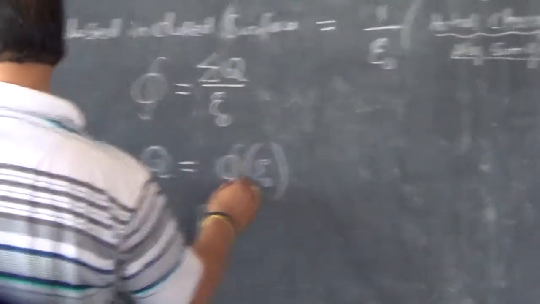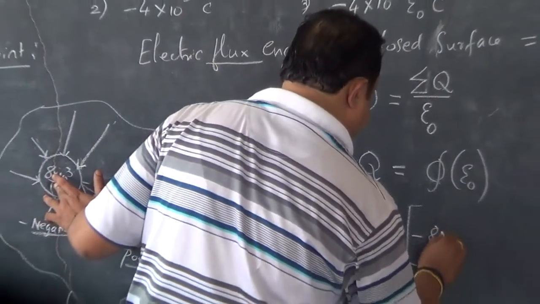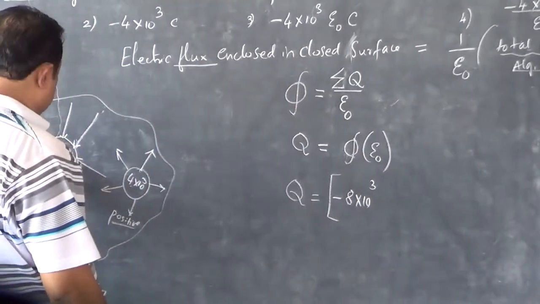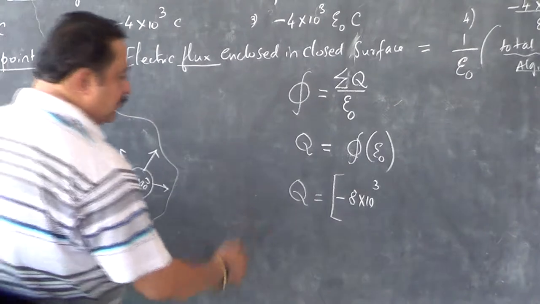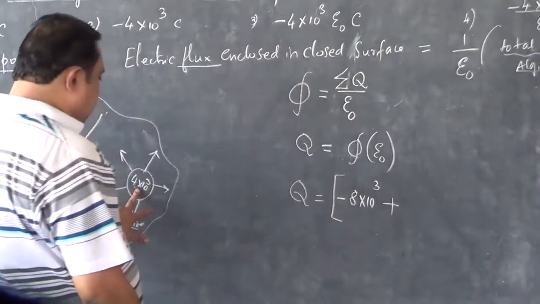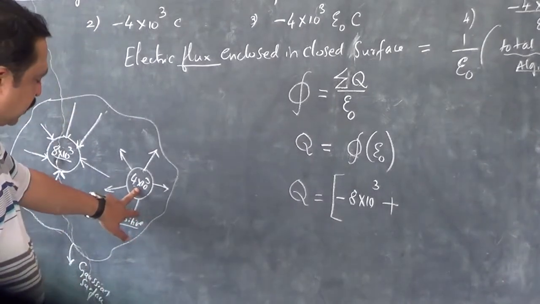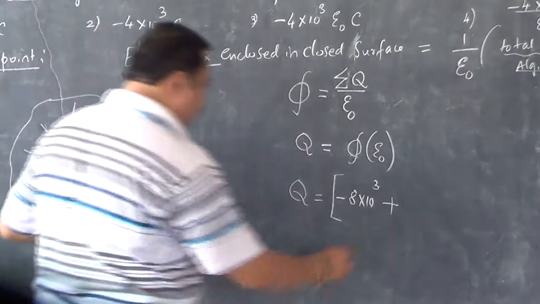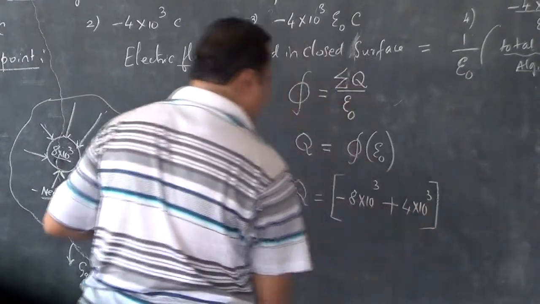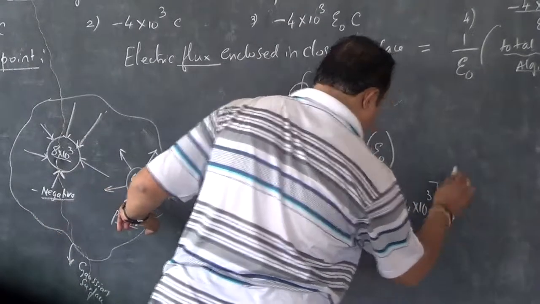So the charge in the Gaussian surface now becomes, the fluxes present are, the first is 8 into 10 to the power 3. This is the first electric flux, numerical value of the electric flux, and it is inward flux, so it is minus, plus the other charge having a magnitude of electric flux equal to 4 into 10 to the power 3 outwards, into epsilon naught.